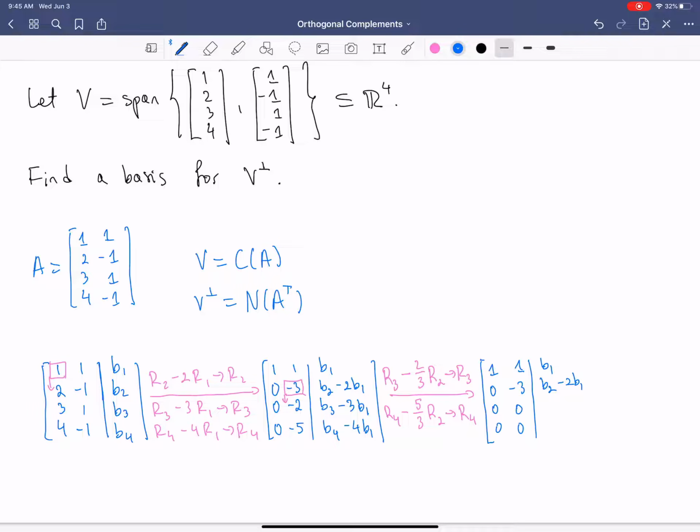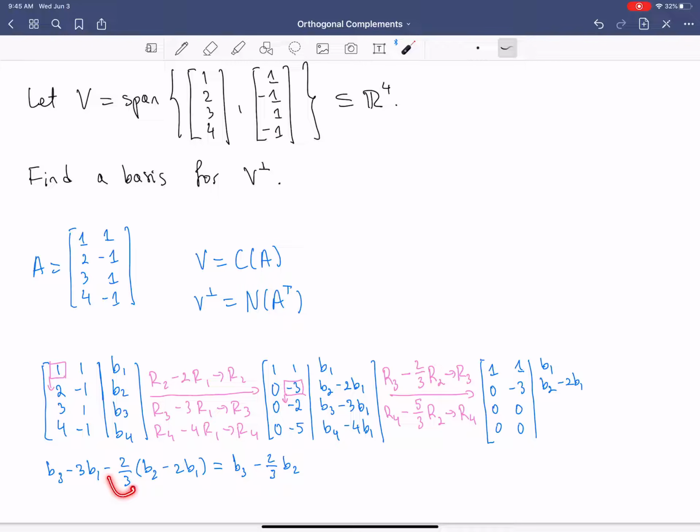For the third row, I have B3 minus 3B1 minus 2/3 of B2 minus 2B1. So that equals B3 minus 2/3 B2. And then I have negative 3B1.